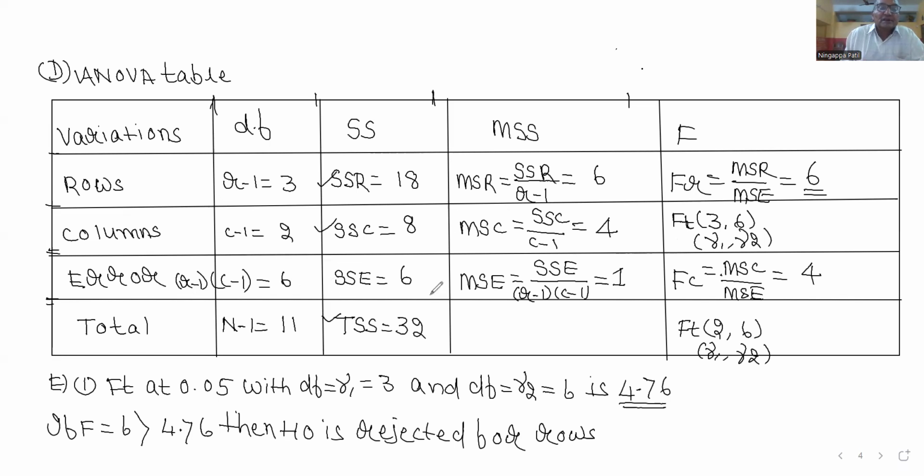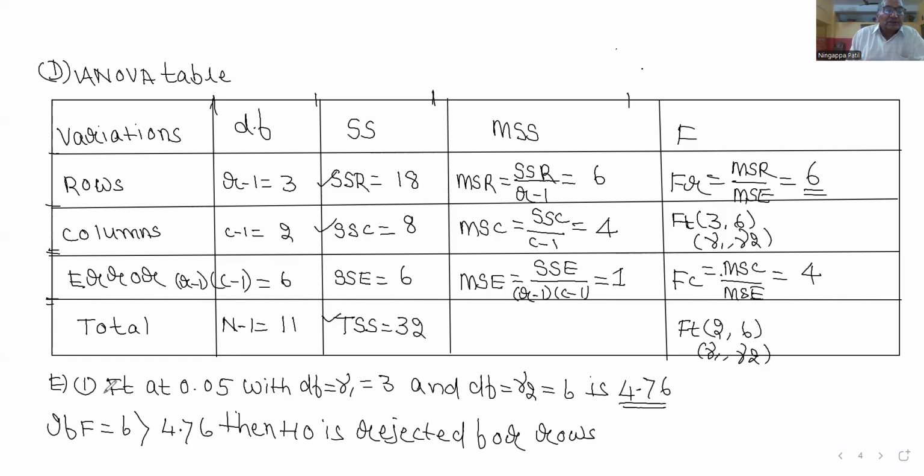Then similarly here, look here, MSC upon MSE: 4 upon 1, 4. Its degrees of freedom: MSC has degrees of freedom 2, and MSE has degrees of freedom 6. From the table, you are getting the FT value.